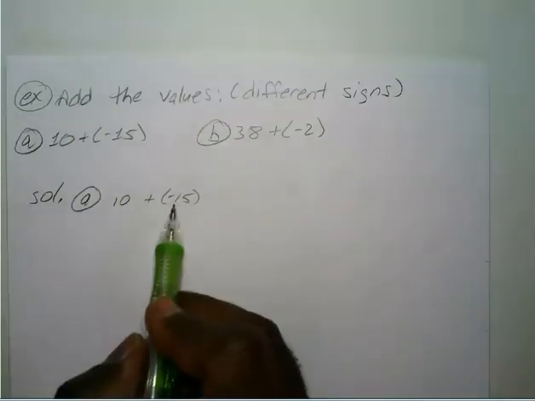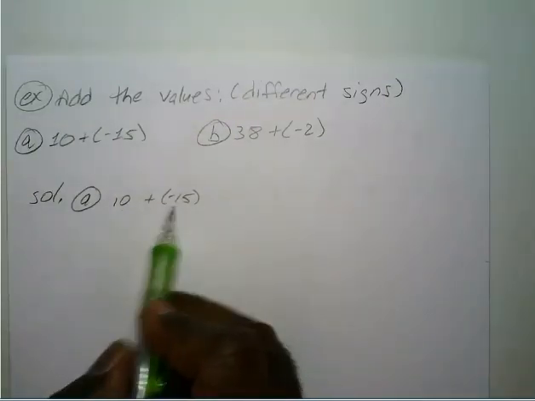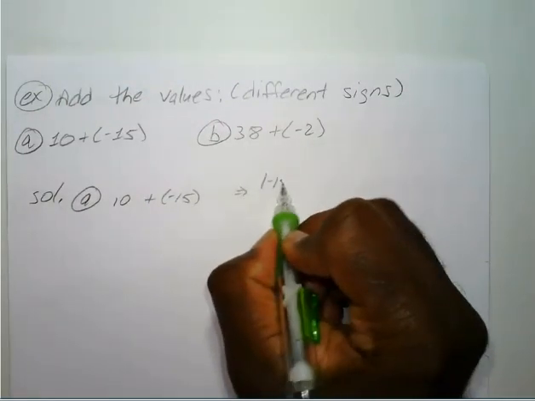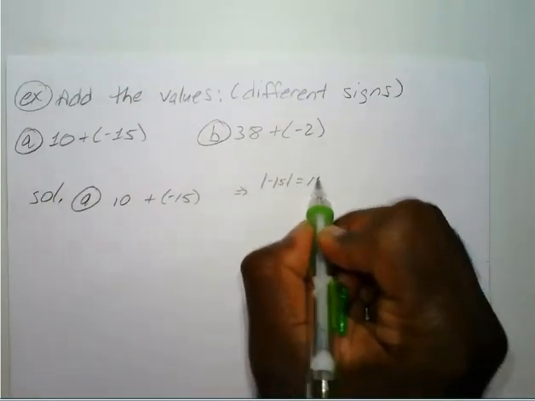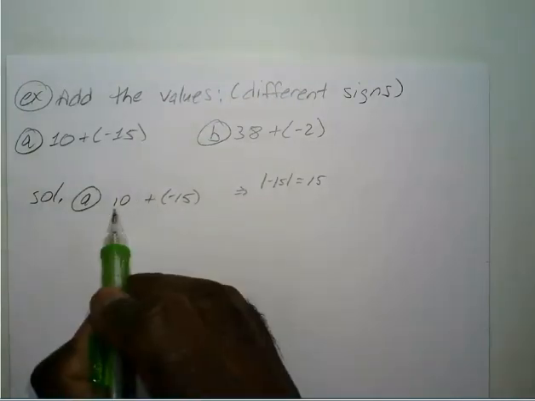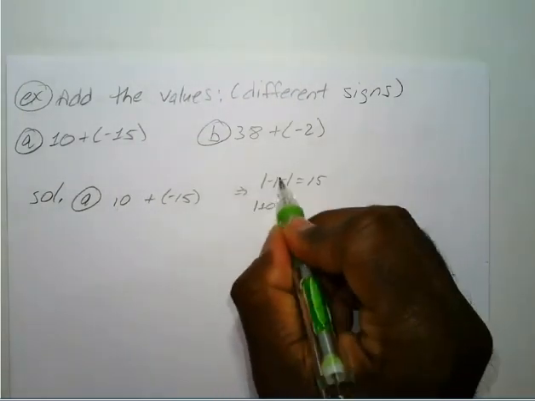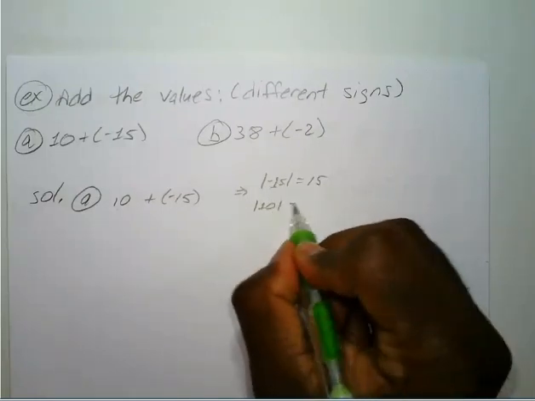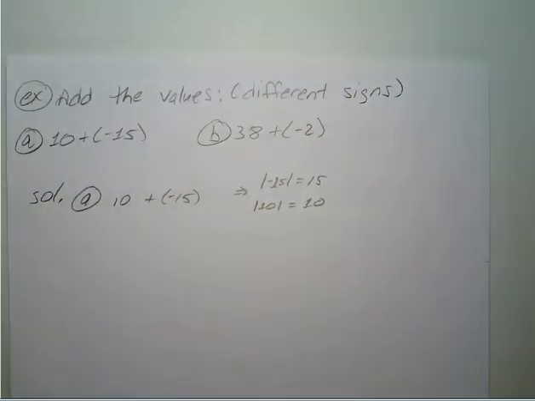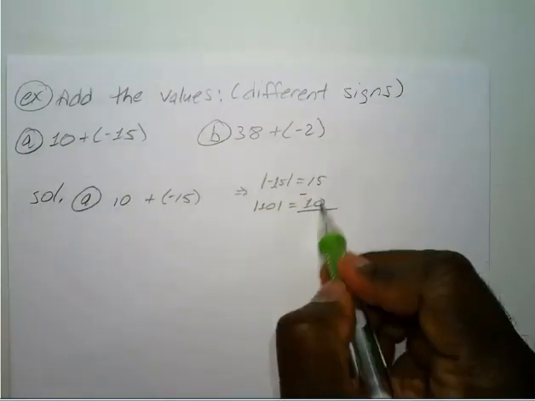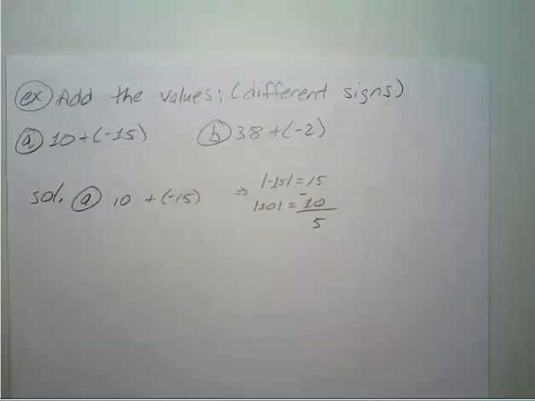Okay, so in this case, 15 is the larger absolute value, so we put that on top. The absolute value of negative 15 is 15, and the absolute value of positive 10 is 10. So we subtract: 15 minus 10 is 5.